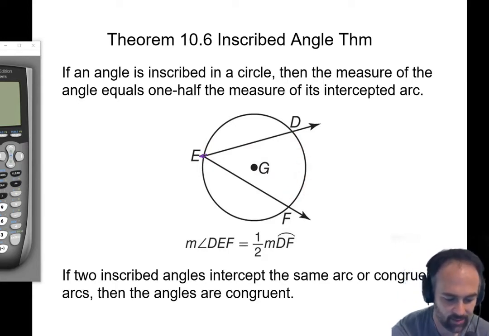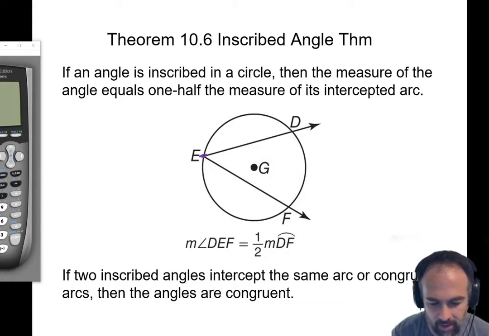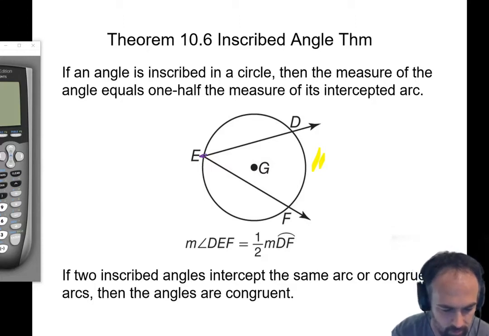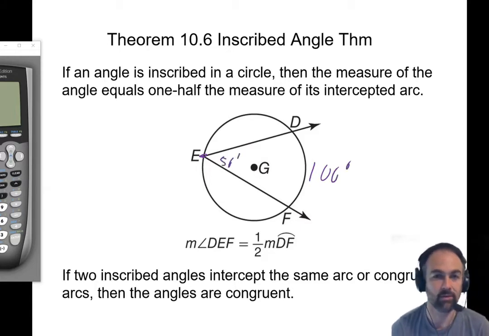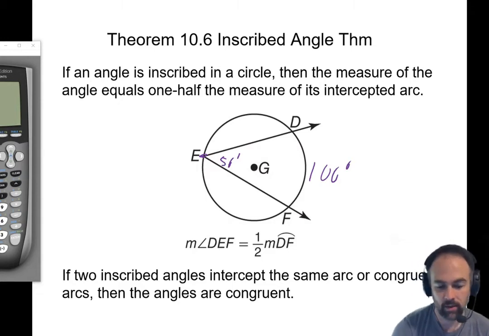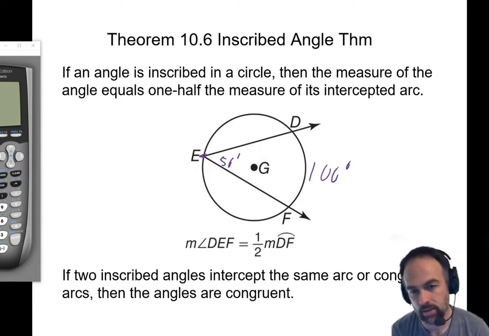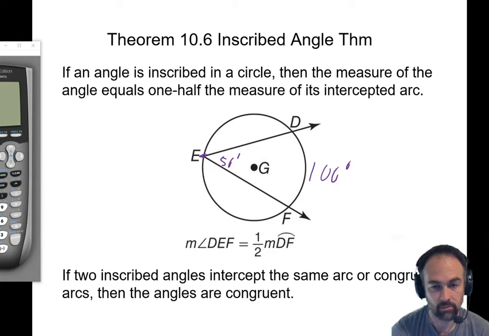Now that's simple enough, because all that tells me is that if arc DF, let's just throw out a number here, is 100 degrees, then angle E must be half of that, which is exactly 50 degrees. Okay? Works the other way around. If angle E is 50, then arc DF is 100.